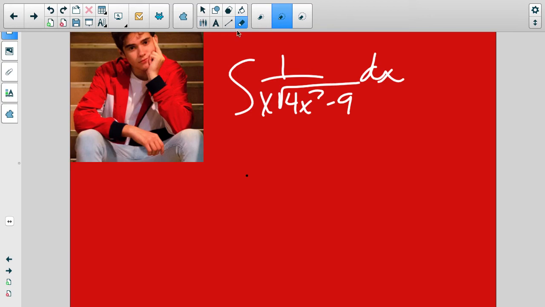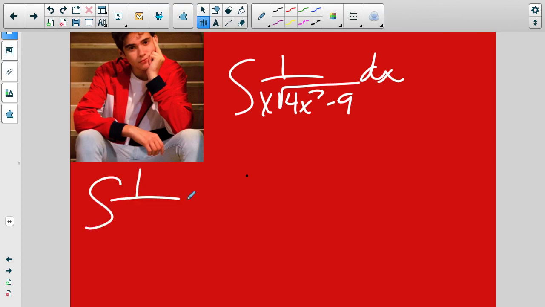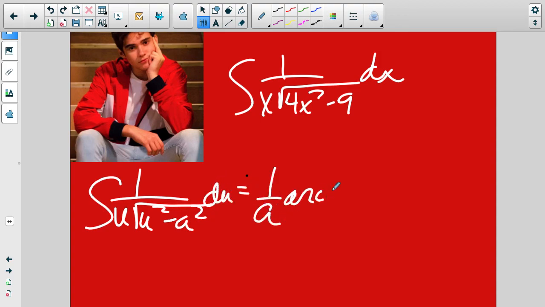The formula for arc secant is the integral of 1 over u times the square root of u squared minus a squared du is equal to 1 over a arc secant u over a plus c. You've got to memorize that. But now I think that that's it because it looks a lot like that, but I've got to identify everything really slowly, okay?